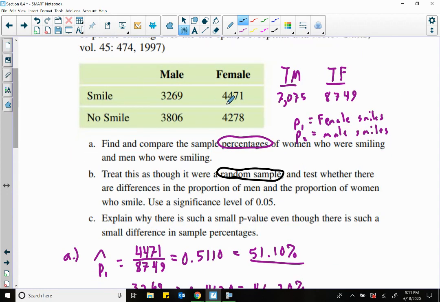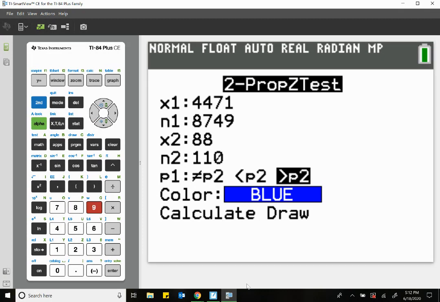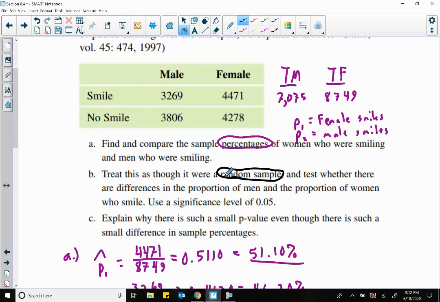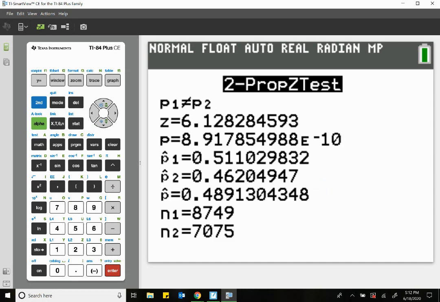Wow, I'm getting my numbers all mixed up. 4,471 all over, I think this was 8749. I think that's where I was getting that from. 8749. All right. And then 3,269 over 7075. This time we're going to say the not equals, and we're going to calculate.